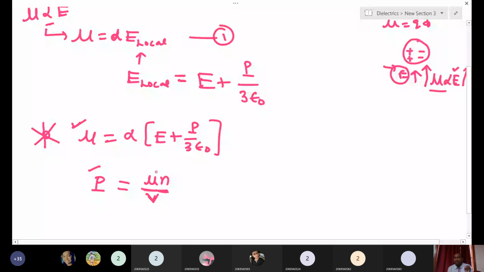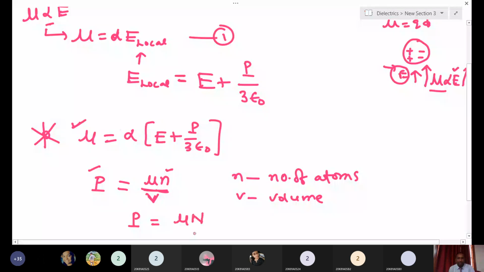Suppose you consider N number of atoms; here N means the number of atoms, mu is the dipole moment, and V is the volume. So you can rewrite this expression as dipole moment mu into capital N, where N is the number of atoms or molecules, whatever you take. What is the capital N here? This time we are rewriting the expression like this. What is the capital N now?